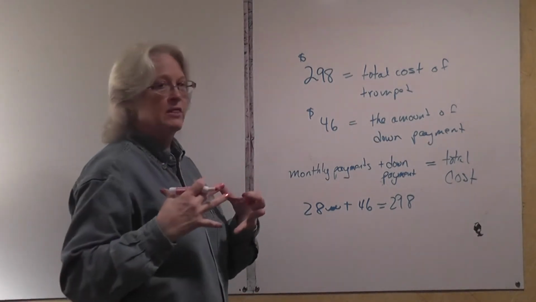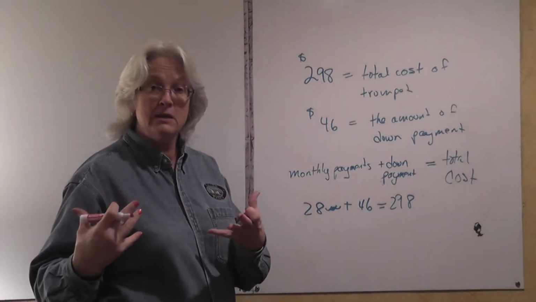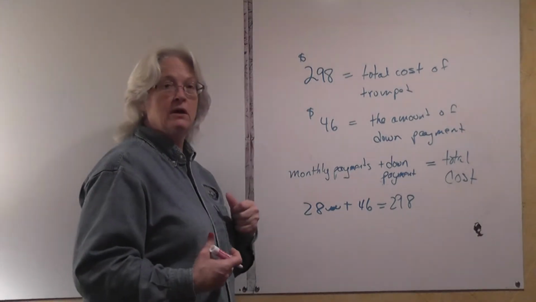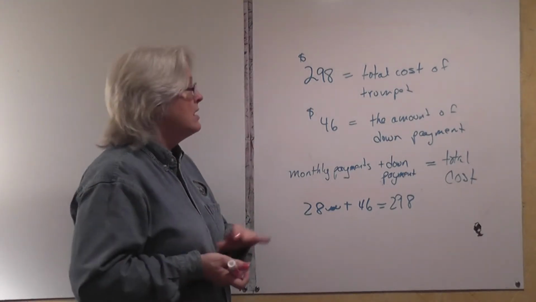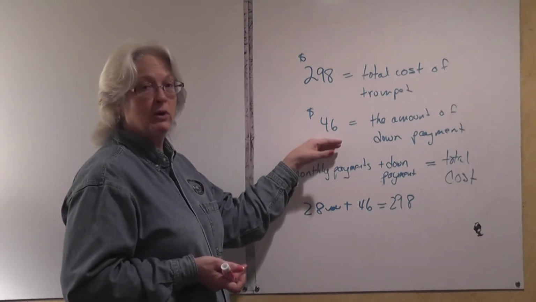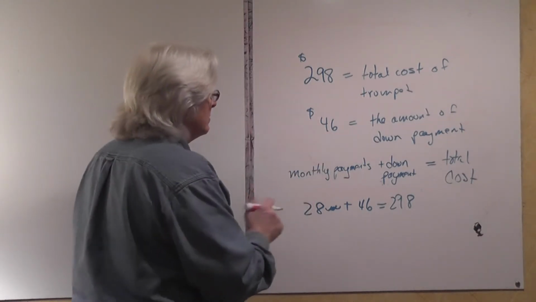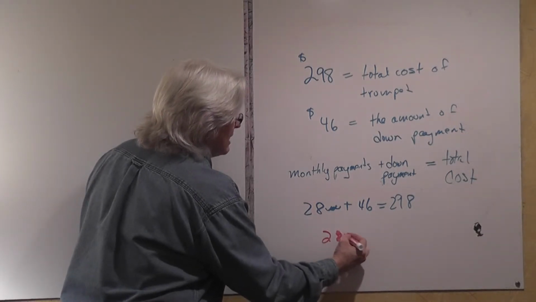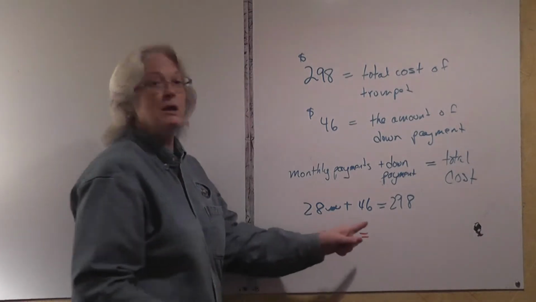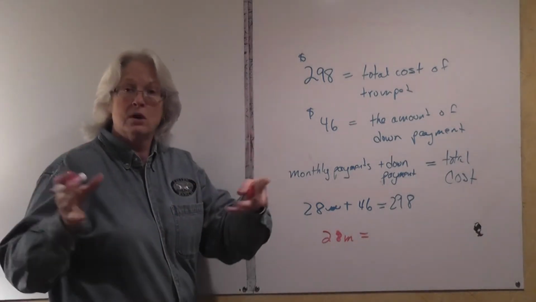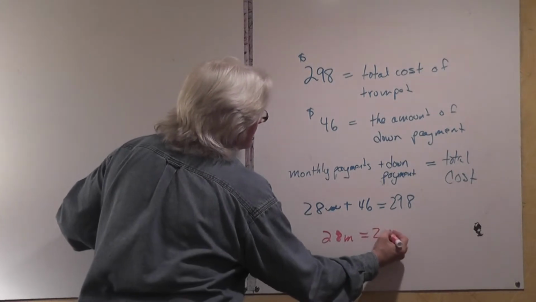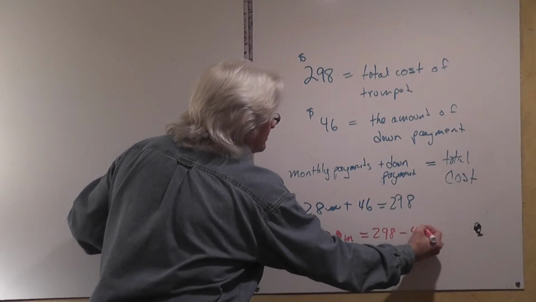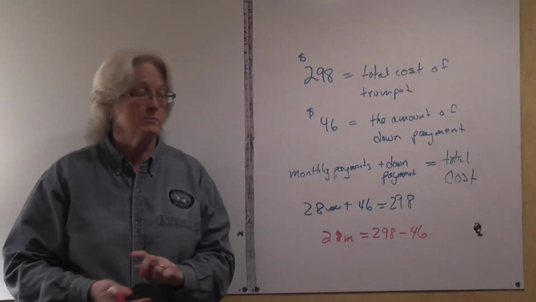How much money does he already have to pay? Well, he has to pay $298, but he's already paid $46. So the total amount of his monthly payments, 28M, is going to be equal to the initial total cost of the trumpet minus the amount of the down payment that he's already made.